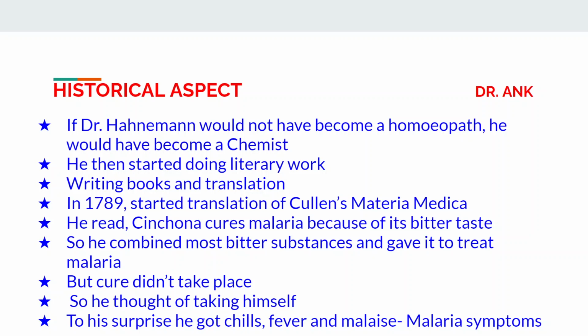So he wanted to confirm what was written in Cullen's Materia Medica about the experiment. So Dr. Hahnemann combined the most bitter substances and tried to treat malaria, but there was no cure. So he just thought of taking it himself, and to his surprise, he got chills, fever, and malaise.